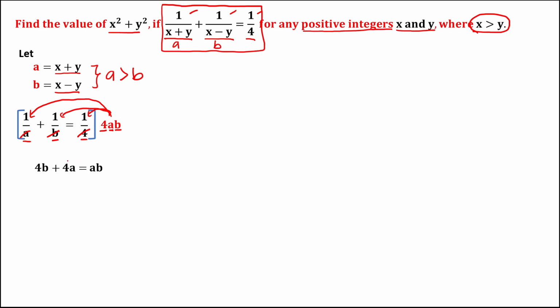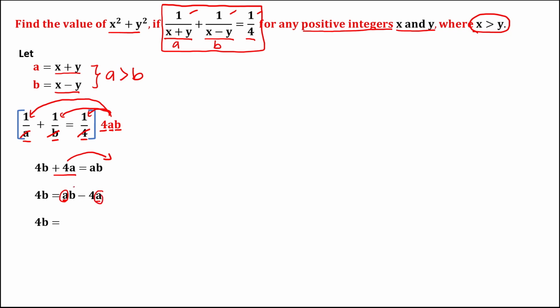Then to simplify, transpose this 4a to the other side. So we have 4b equals a times b, and this positive 4a becomes negative 4a. Then we can factor out this a, so put this a outside.